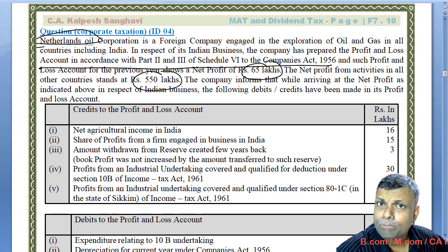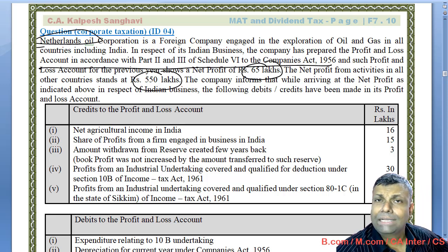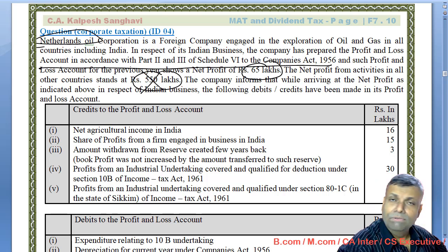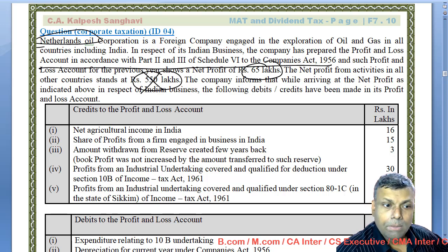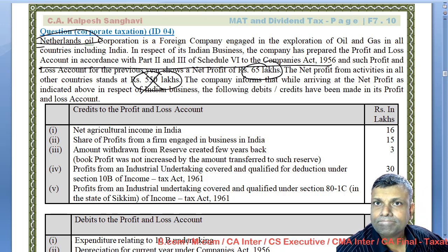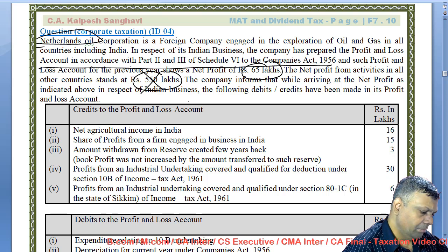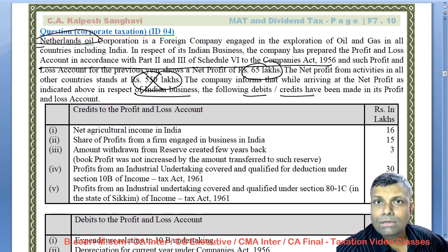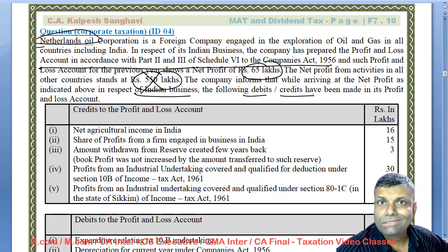When you are non-resident, only your Indian income will be taxed. So you will not be taxing 550 lakhs. If you have to start the computation, you will start with profit as per P&L, which is 65 lakhs of rupees. Then it has already got a net profit indicated above with the Indian business, following debits and credits. And once you are done with your debits and credits, then your MAT machinery starts.